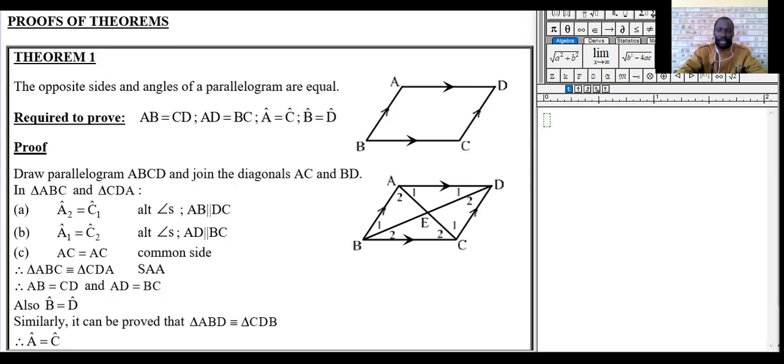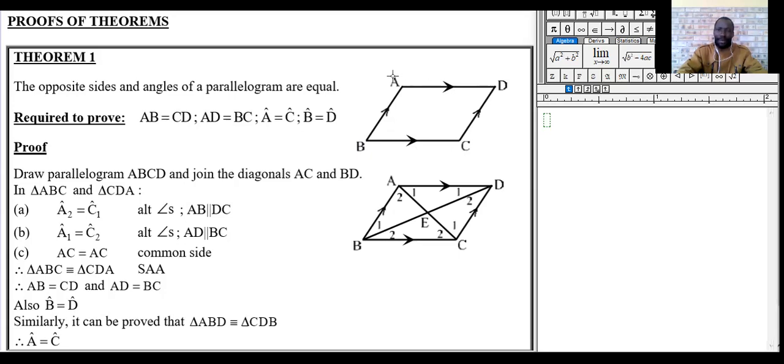For example, one thing we saw was that if ABCD is a parallelogram, then AD and BC are congruent, meaning they are equal in length.